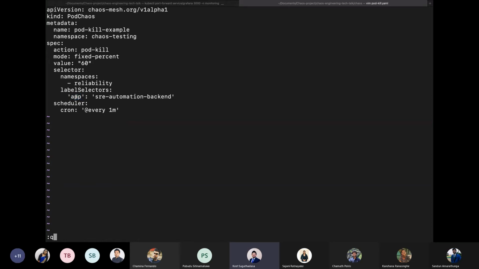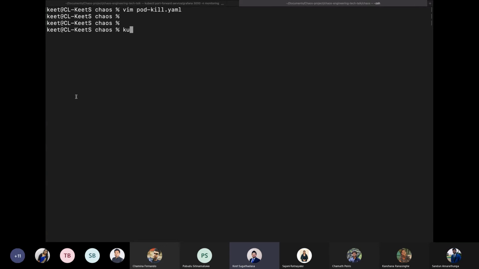Let's try and induce this and see. So I'm going to apply this podkill YAML file. It'll take a bit of time to reflect, but by that time, let's have a discussion about what other kinds of chaos can be induced into this.